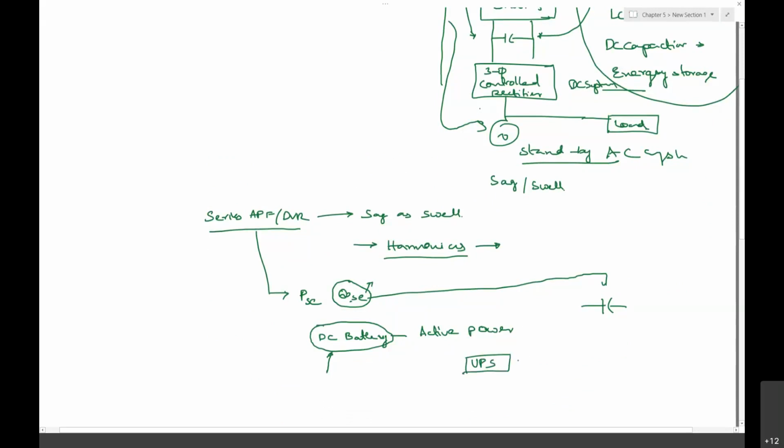In your households, you will be having a UPS, and the UPS is hardly connected to maybe one tube light, maybe hardly one fan.